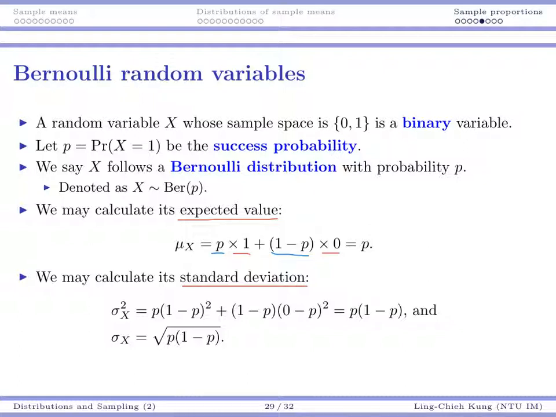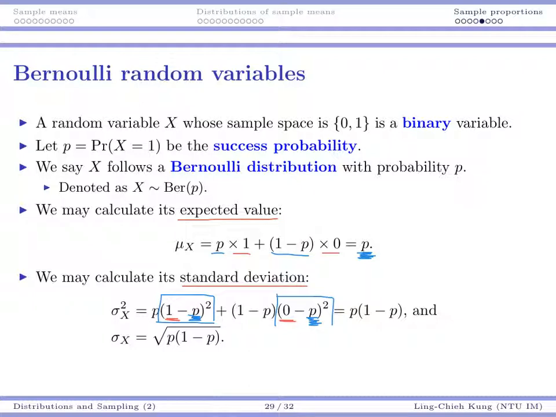And once you have it, we may go further to calculate the standard deviation. Before that, let's calculate the variance because it's easier. So the variance again is that for each possible value, you calculate the difference between it and the mean. Now this P comes from here.